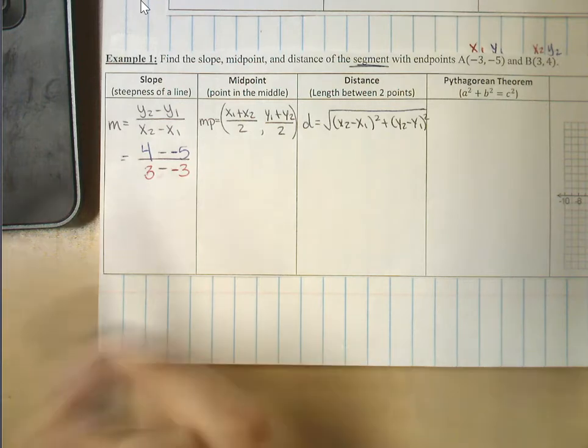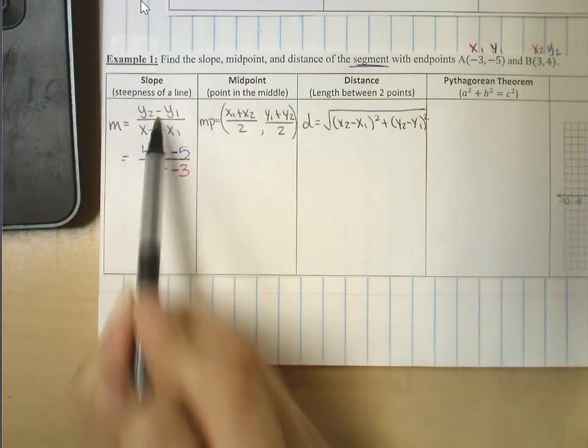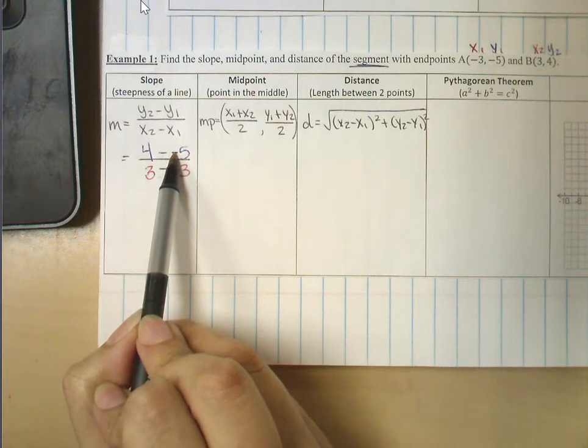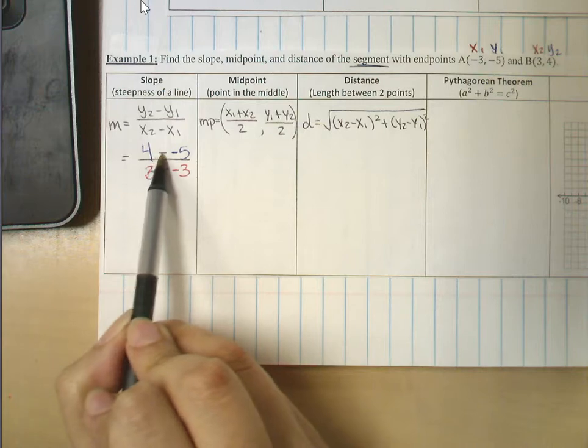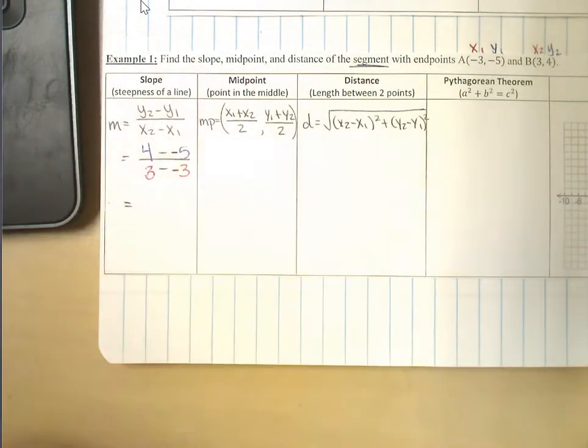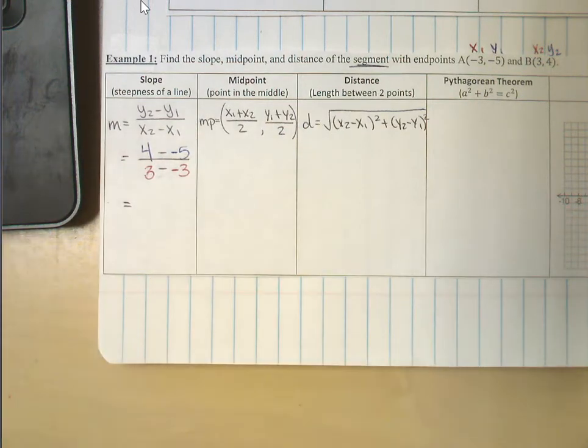Notice how I kept my minus sign from the formula, and I also kept the negative from the number. So just be careful. If you have a negative, don't assume that this can count as a negative. You have to keep both. Now all I have to do is subtract. So 4 minus -5, that's gonna give me 9.